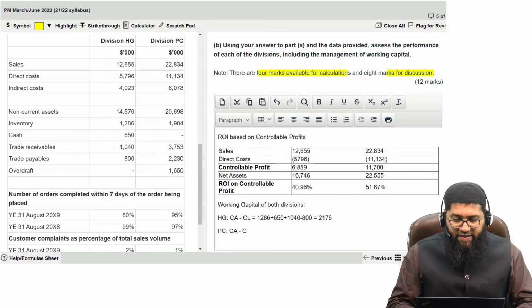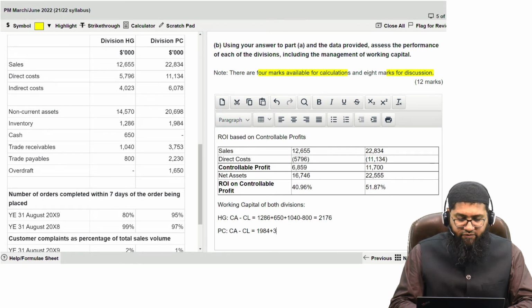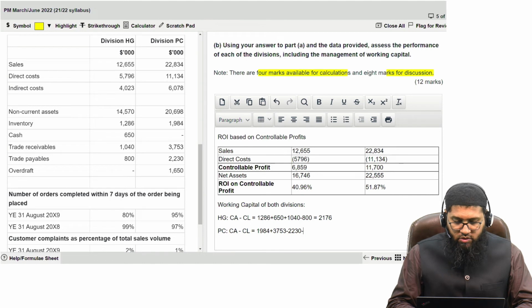For this company, current asset minus current liability is going to be 1984 plus 3753 minus 2230 minus 1650.